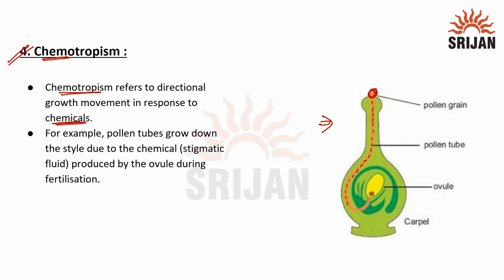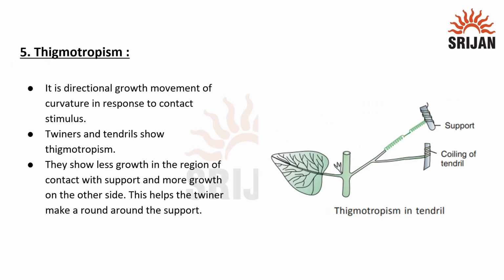Why is this pollen tube developing? It is developing in response to the chemical released by this ovule. So we can say that development of the pollen tube is a chemotropic movement, or chemotropism.